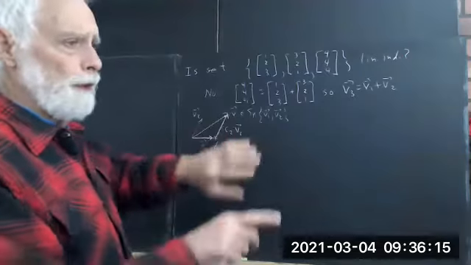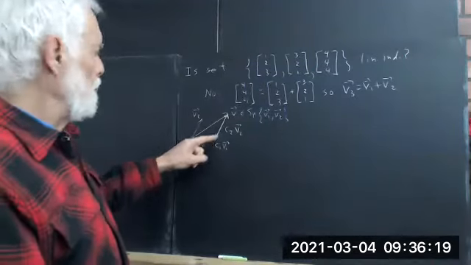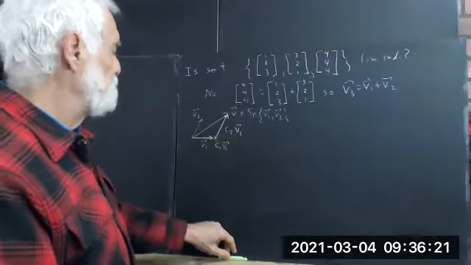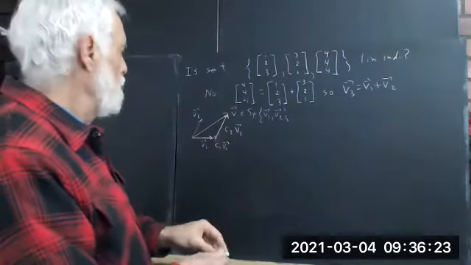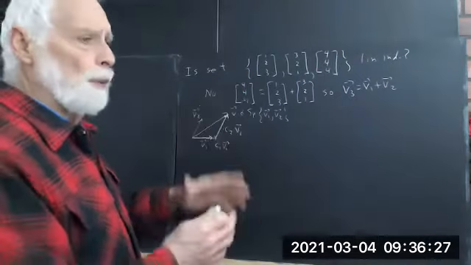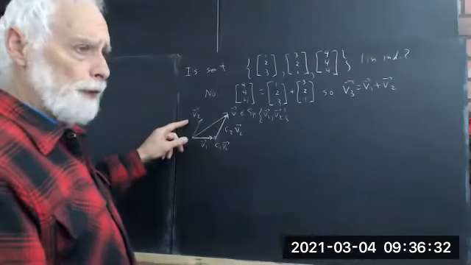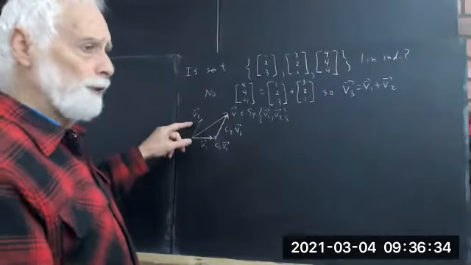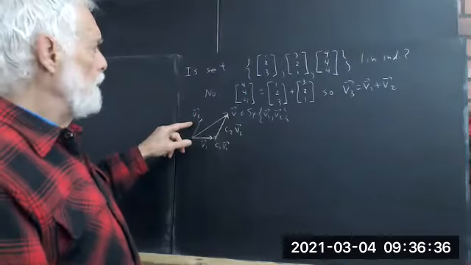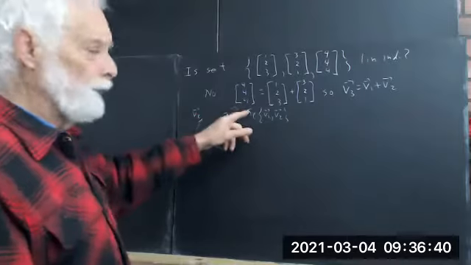And this vector V has to be in the plane in order to get to it by a multiple of V1 and a multiple of V2. This vector doesn't add anything to where we can go in three-dimensional space with these two vectors. Any place we can get with these two vectors, we could get with a combination of these two plus this one, because this one is also in the plane.